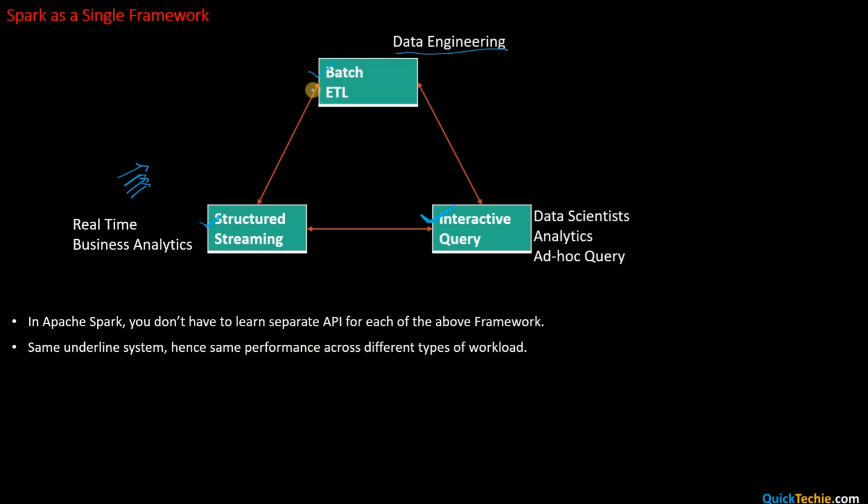So other than storage, you can use Spark for various kinds of computation. You don't have to learn a separate API for each part of the framework. The same API works across all these purposes, with the same underlying system and the same performance across different types of workloads. That is what Apache Spark provides. Okay.